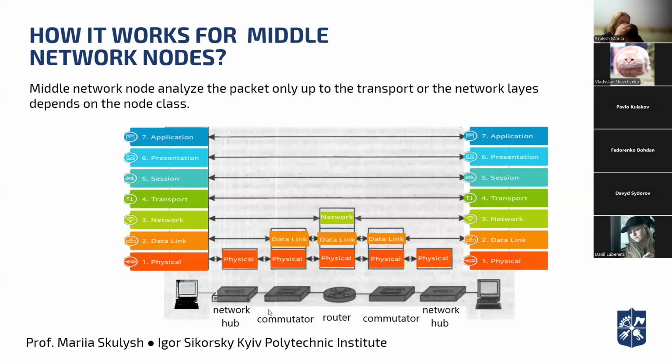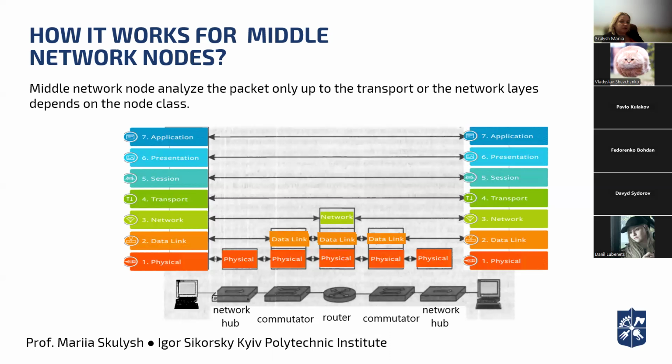Then it can also be used. In the network we have a commutator. A commutator, maybe even a network hub, is just transmitting without changing technology, for example optical to optical. Some hubs do not change technology.